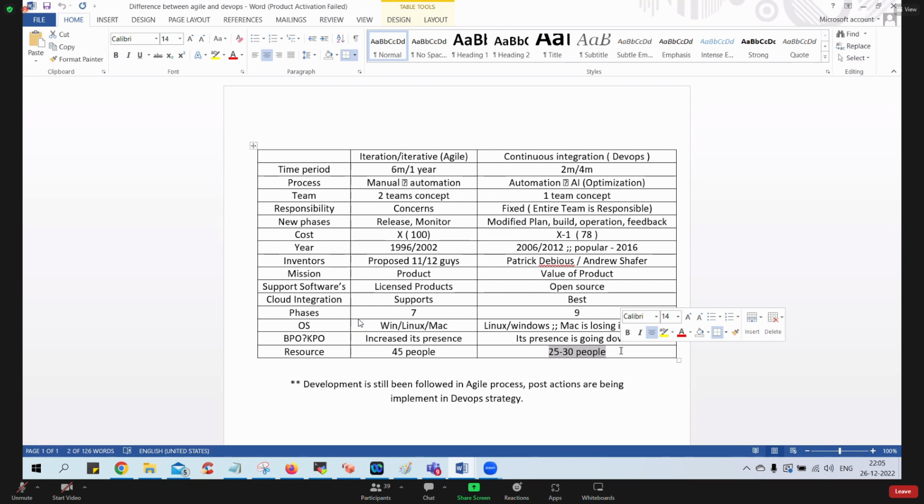Some segments will raise their significance. For example, in Agile, we did not have a build phase, so that means not many jobs in the build phase. But in DevOps, there is a separate build phase with automation. So we have some jobs in the build phase here, right? So at some place you lose jobs or some cutting down is happening. At some place again, creation of jobs is happening.